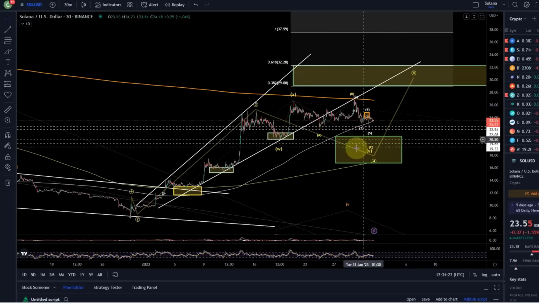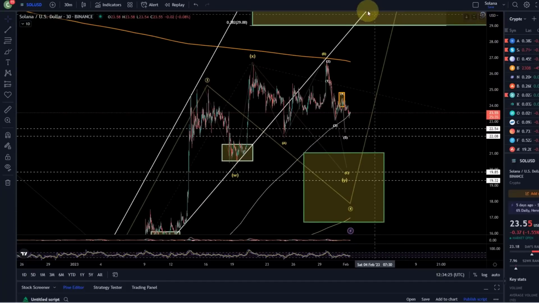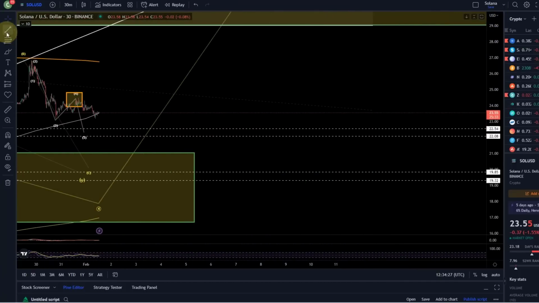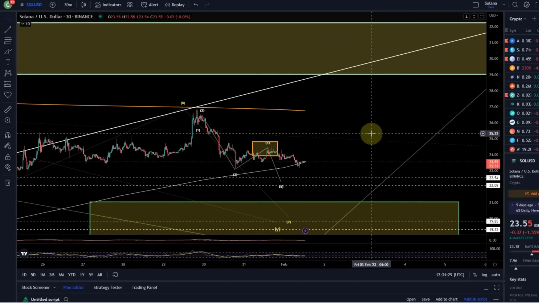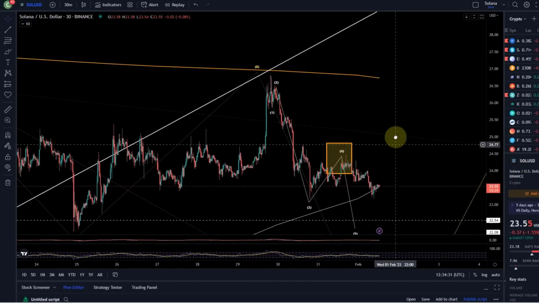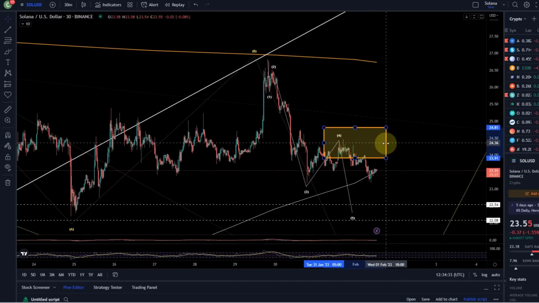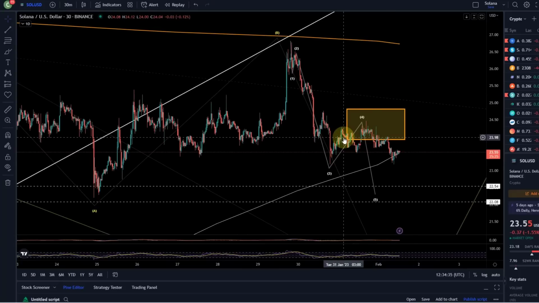In the previous video, I also gave you a short trade opportunity setup, and this worked out as well. So anybody who took that, feel free to move down your stop loss. Somewhere here yesterday.